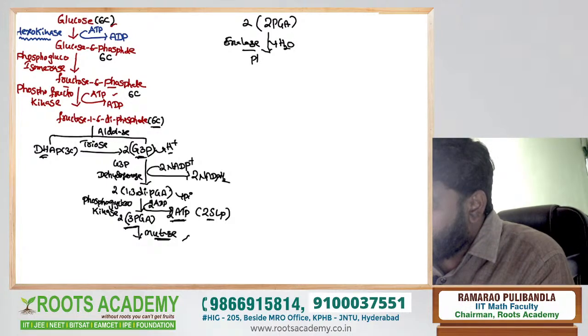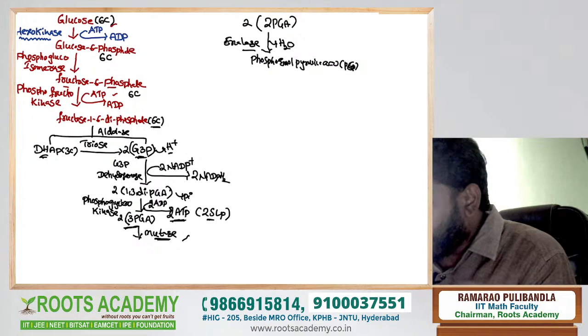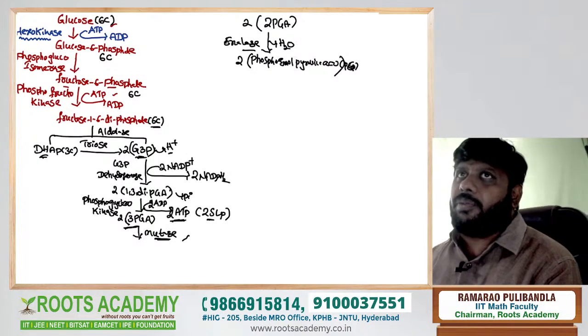Result, it is converted into phosphoenol pyruvic acid, called PEP. So 2-PGA is converted into 2 molecules of phosphoenol pyruvic acid.